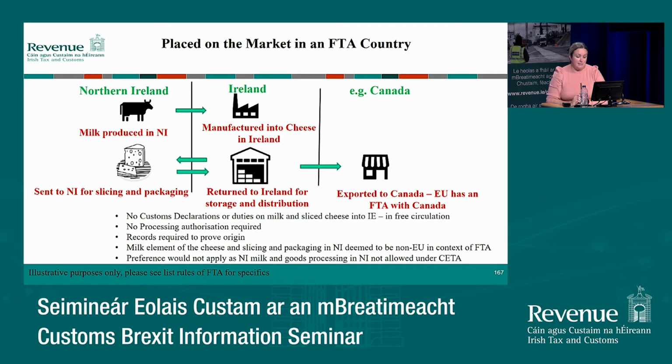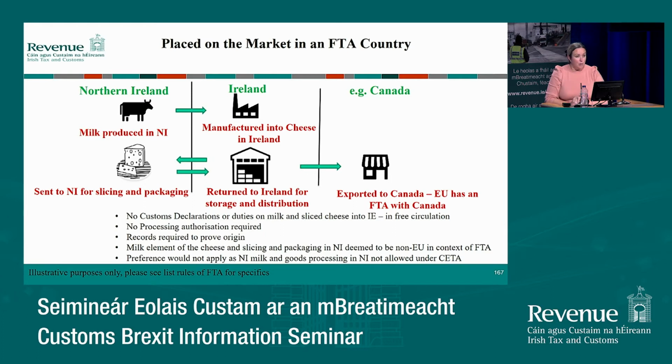So if we look at that same example now, and we're going to go back to Canada, who we have the agreement with, and see what happens in that instance. So the milk is produced in Northern Ireland and manufactured into cheese in Ireland, sent back to Northern Ireland for slicing and packaging, and then returned to Ireland for distribution. So again, there's no customs formalities on the first sale into Ireland, or no authorisations required for the processing in the north.